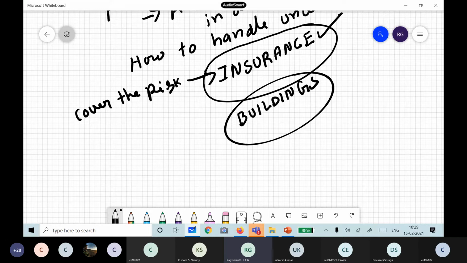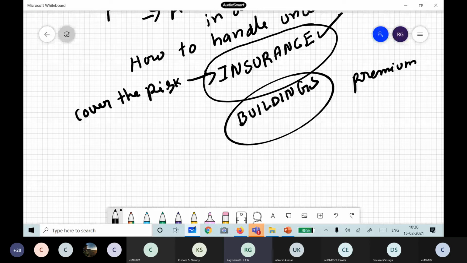Now what will the insurance company do once you insure yourself? Let us say you have taken a 20 lakh policy, like the COVID Kavach insurance that came recently. If you insure yourself, what do you have to pay? Yearly you have to pay some amount for the insurance policy, the premium.